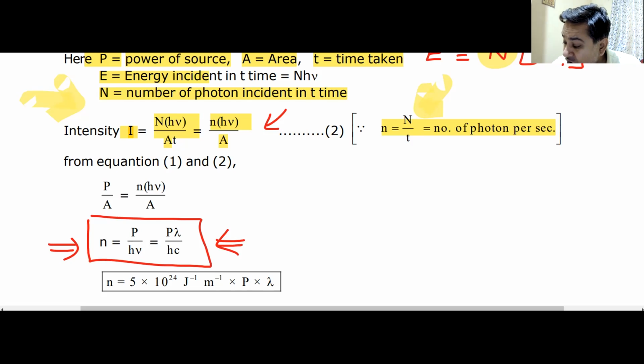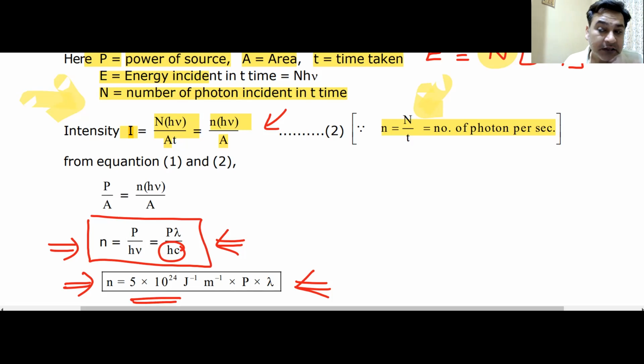So they have now created a shortcut which gives you a multiplied version, because here I have h into c. We know the value of h, we know the value of c. So you can remember that 1 divided by hc is 5 into 10 to the power 24. NEET is all about how fast you can do things, and that is why you remember all these things.